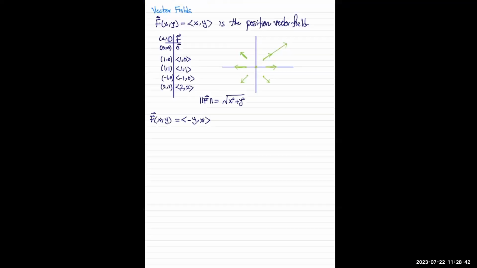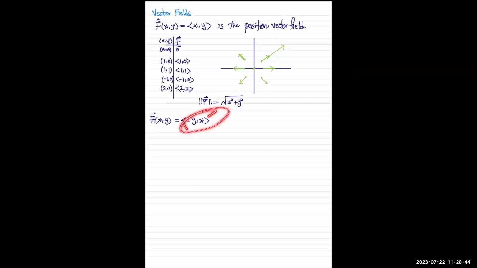Now let's draw this vector field without plotting points, actually. Notice that if you compare this vector field to the position vector field, the components are switched and one component is negative. So you could say that this vector field and the position vector field are orthogonal.